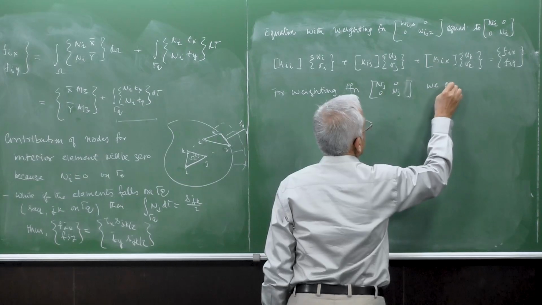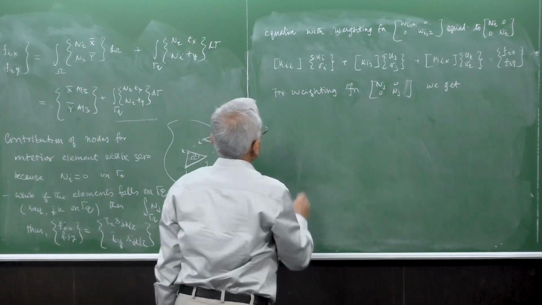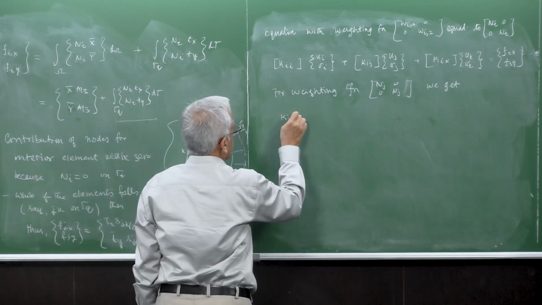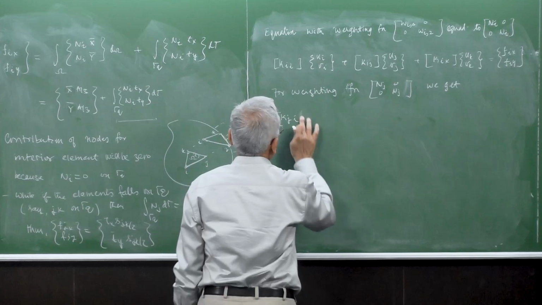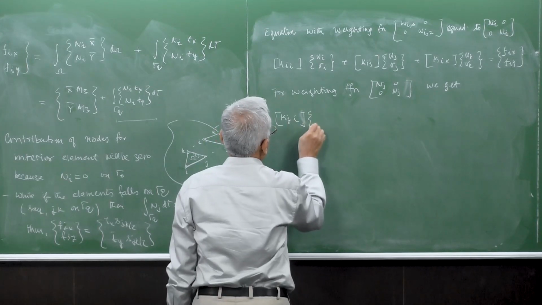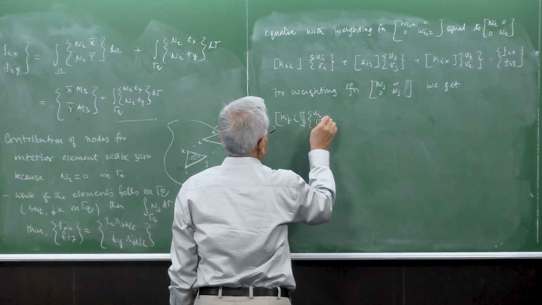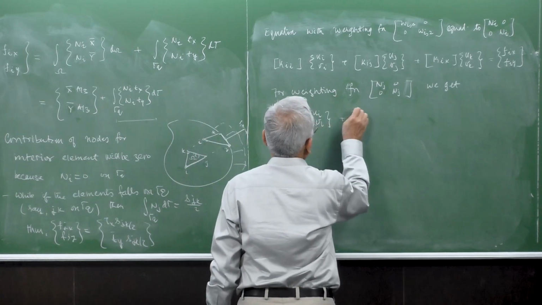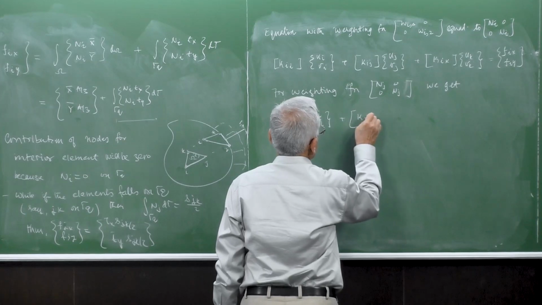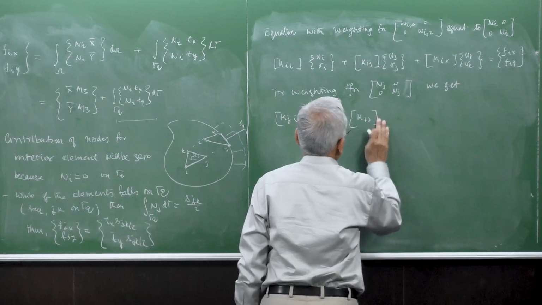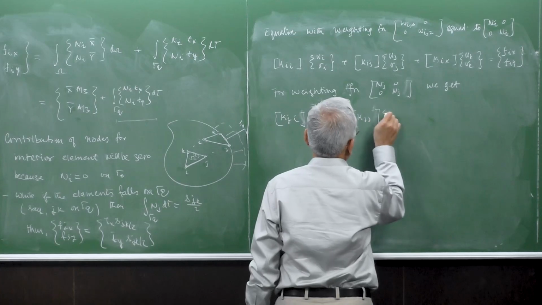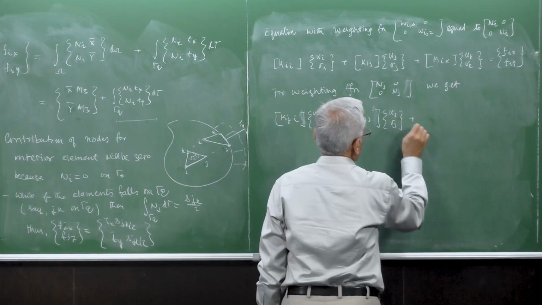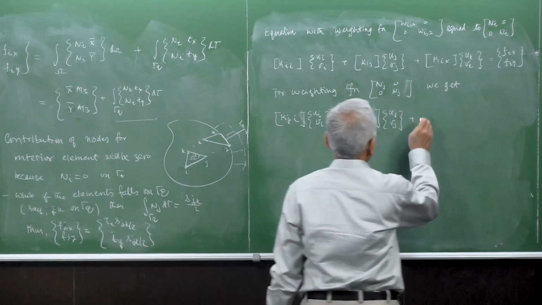We get, what is that? So it is Kji, right? And Kjj, okay.